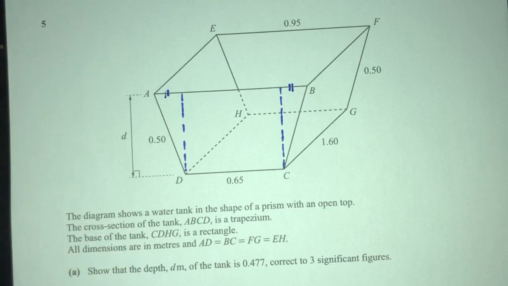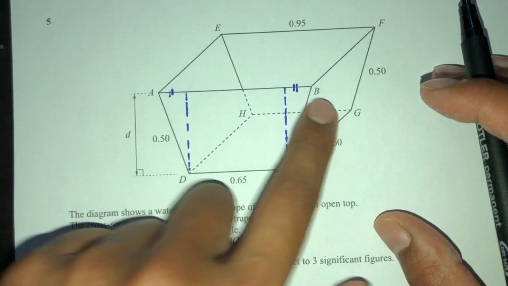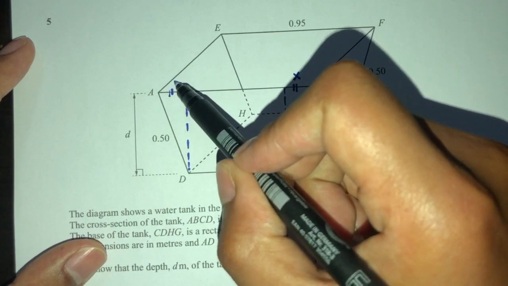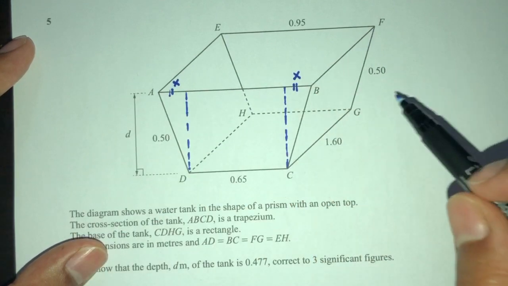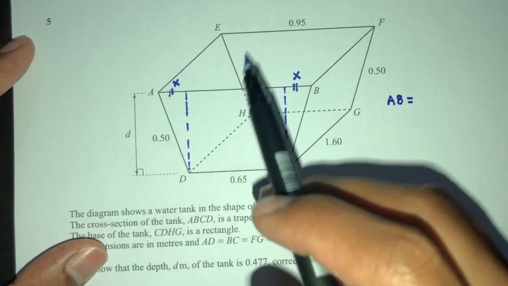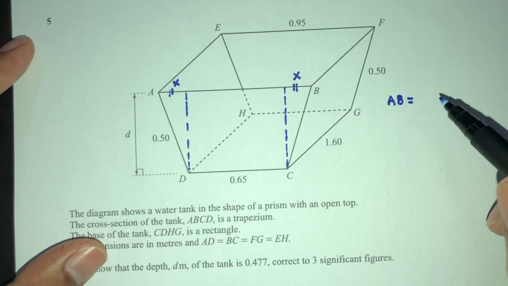Okay, so because of that, we can form an equation and find this value. For example, let's call this x, x, and x. So the length AB is equal to, because EF is this, AB will be the same as well, right? So it will be 0.95.